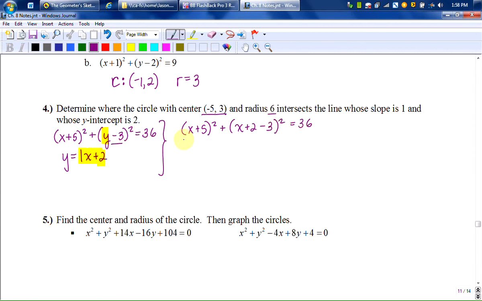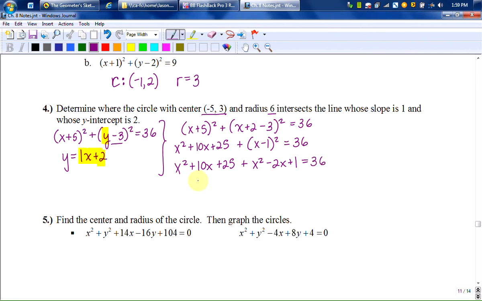I'm going to expand this out, x squared plus 10x plus 25 plus x minus 1. I like to fix that before I expand it out, and then I'll expand that out. X squared plus 10x plus 25 plus x squared minus 2x plus 1 equals 36.